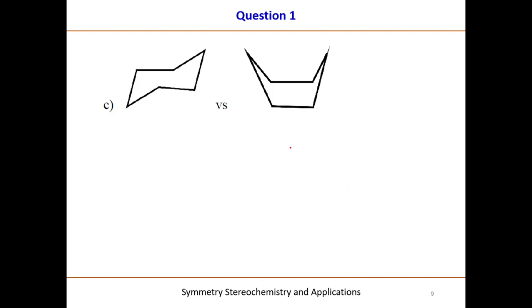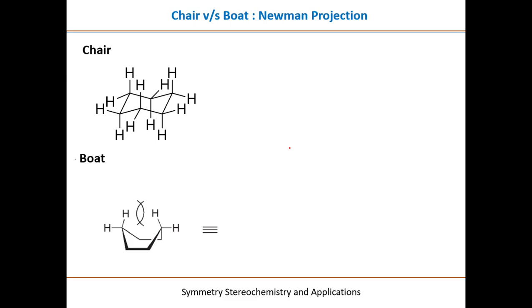Okay, now let's talk about the boat and chair conformation. Before discussing that question, I would like to give the conformation of the boat and chair form. So this is a chair form and this is the boat form, right? In chair form, you can see we have axial and equatorial bonds.